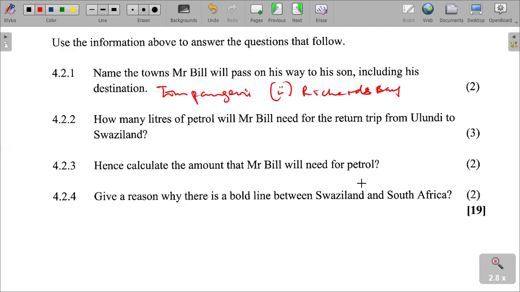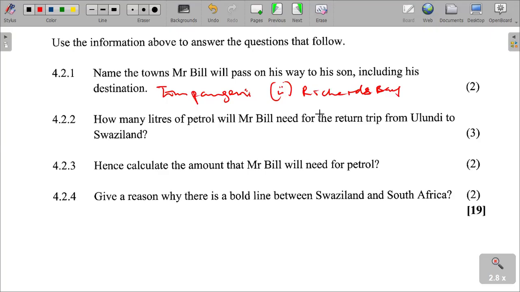And then the next question is, how many liters of petrol will Mr. Bill need for the return trip from Ulund to Swaziland?